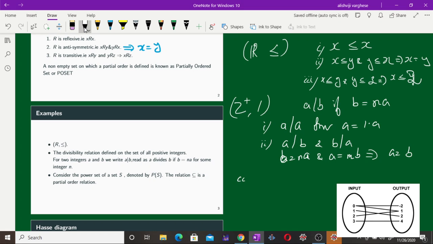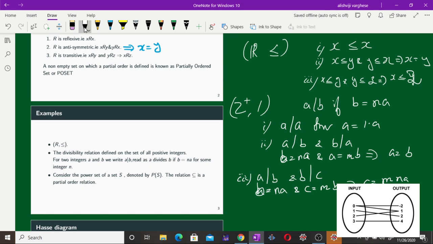And the third case, if a divides b and b divides c, then b is equal to some n times a, and c is equal to some m times b, and that implies c is equal to m times b, where b is replaced with n times a, so it is n times m times a.